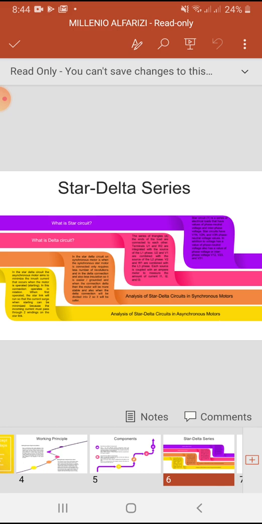V12, V23, and V31. The delta circuit: the ends of the load are connected to each other. Terminal U1 and W2 are combined with the source of L1 phase.